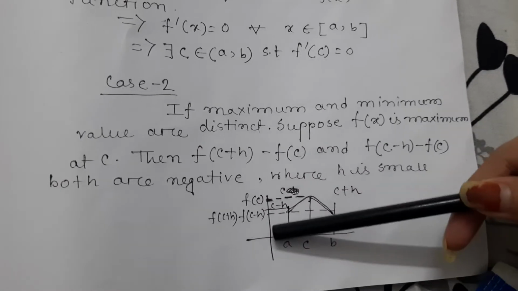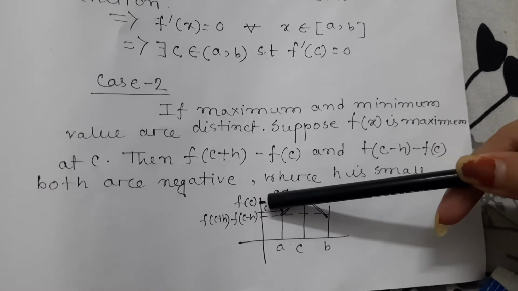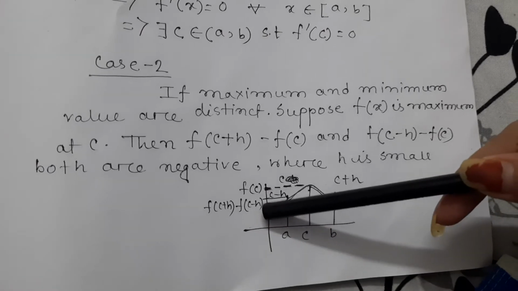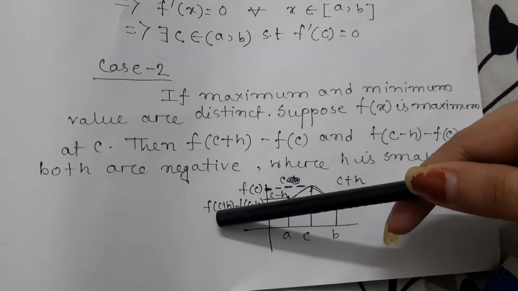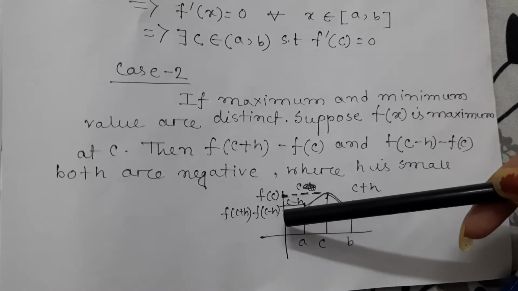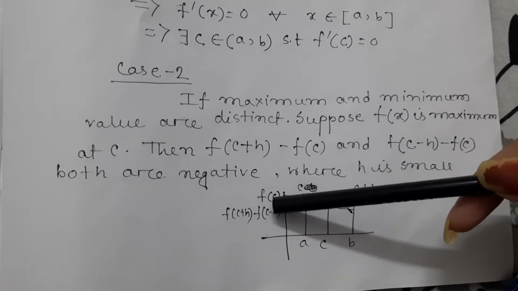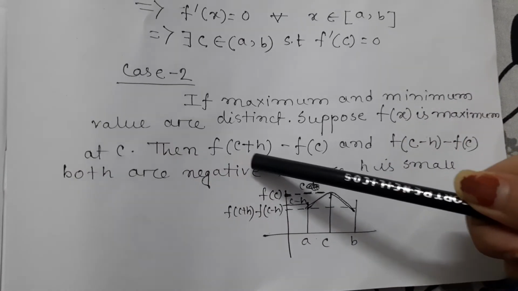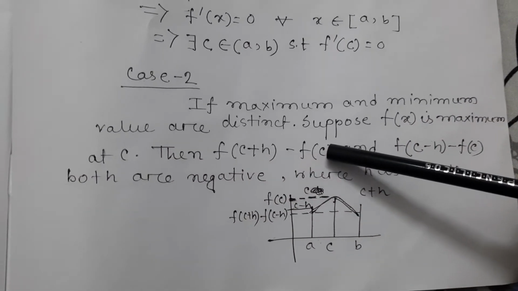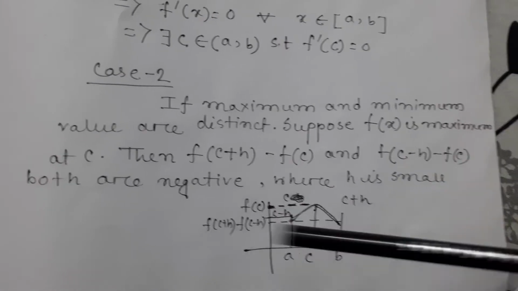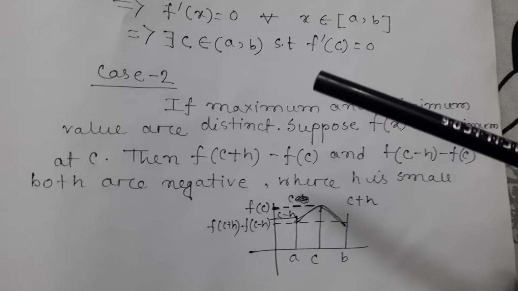You can see that f(c) is maximum here, and f(c+h) and f(c-h) are less than f(c). So f(c+h) minus f(c) and f(c-h) minus f(c) both are negative. Why?